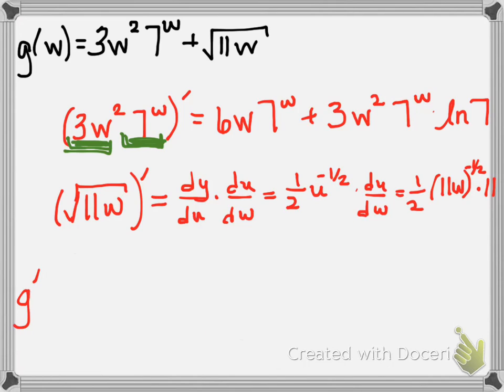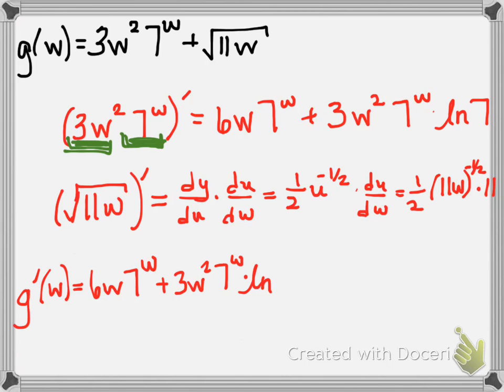This tells us that g prime of w equals 6w 7 to the w plus 3w squared 7 to the w times the natural log of 7 plus 1/2 times 11w to the negative 1/2 times 11. Okay, and there you have it. That's the end. There's our derivative.